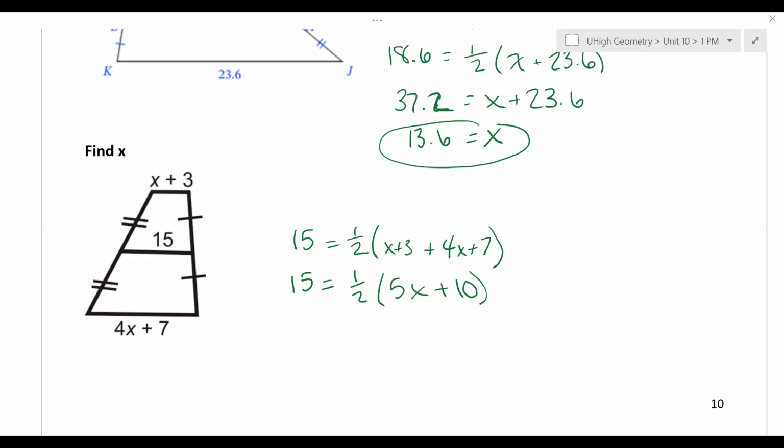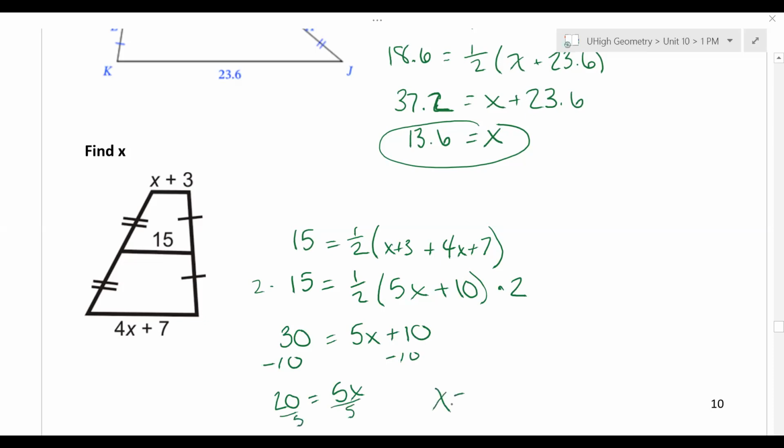So if I multiply both sides by 2, the sum of my bases should be 30. So 30 equals 5X plus 10. So now I could subtract 10 from both sides and get that 20 equals 5X. Divide both sides by 5 and find that X equals 4.